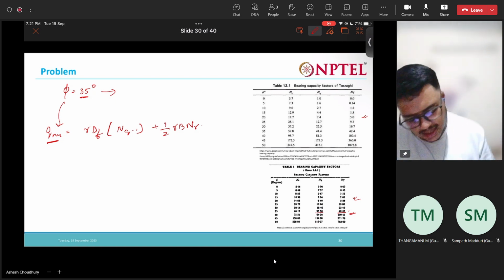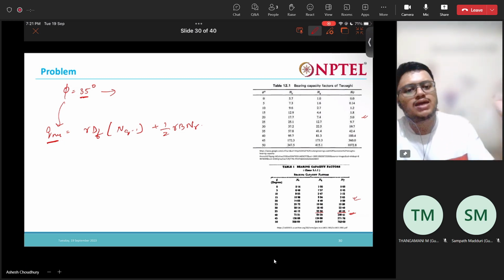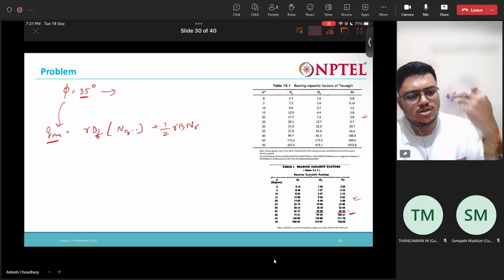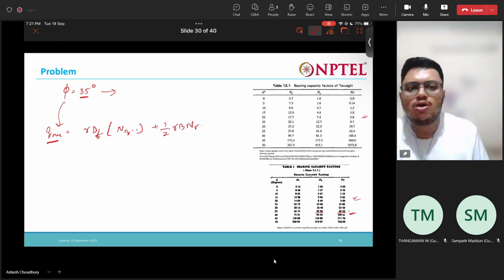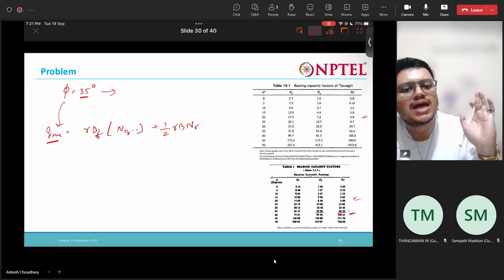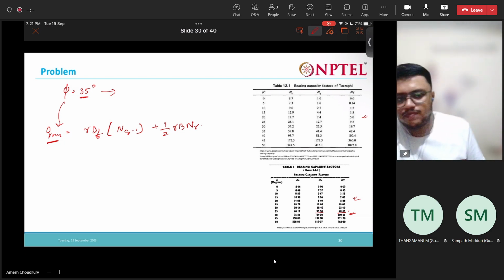So let us take the Terzaghi bearing capacity factors only. For the examination, no need to worry. Nq and N gamma will be given in the question, so directly use the values given in the question.